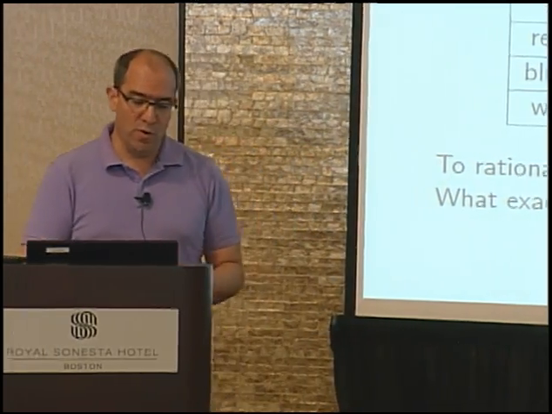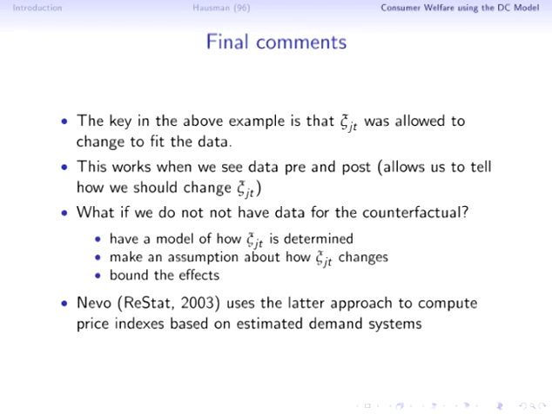In terms of Ackerberg-Rysman, my view is you can think of it as doing something similar to what I advocated here. It says, let's let the xi change, but use historical data to tell us how it should change. I think there are two main problems with it.